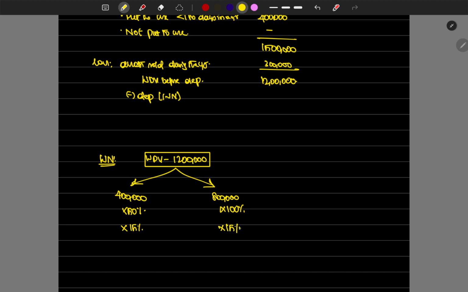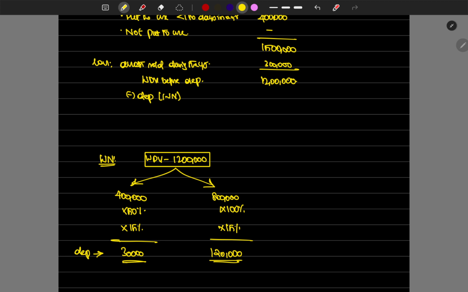So 4 lakh into 50% into 15% is 30,000 depreciation. 8 lakh into 100% into 15% is 1 lakh 20,000 depreciation. We found the depreciation now.